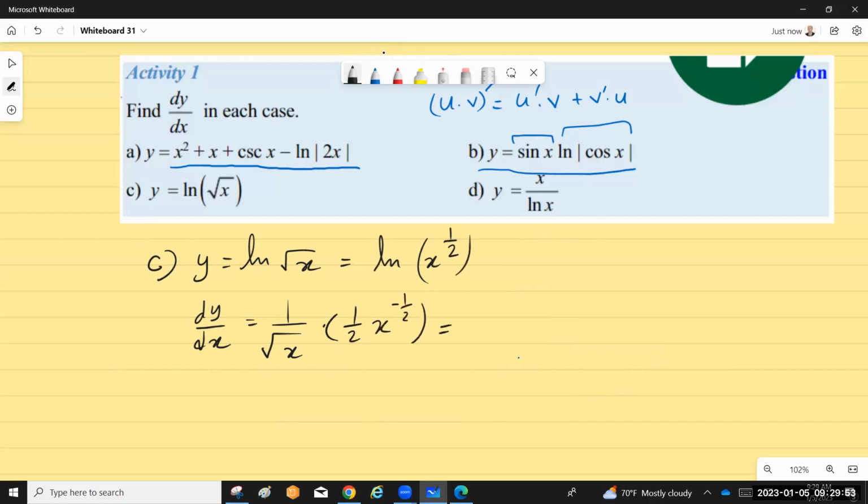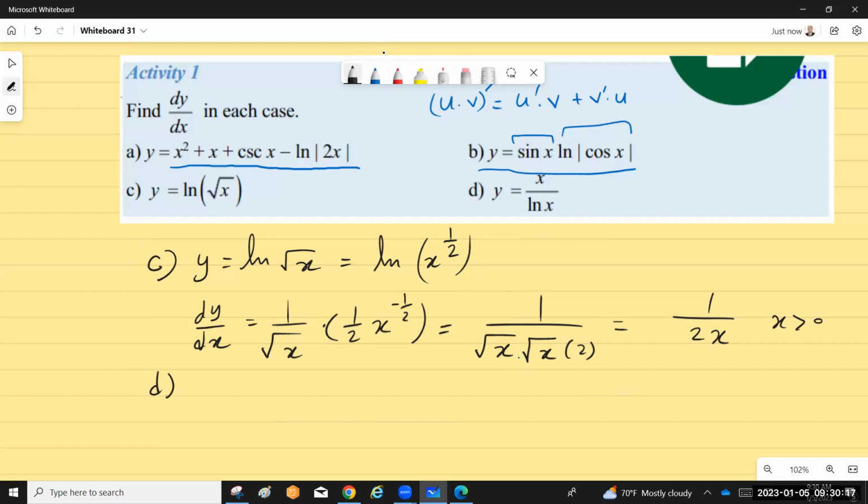We write this as 1 over root x, bringing x power negative half down as a root x, and also 2. I have 2 here. So the answer is 1 over 2x. Root x times root x is x, and x is bigger than 0, of course.